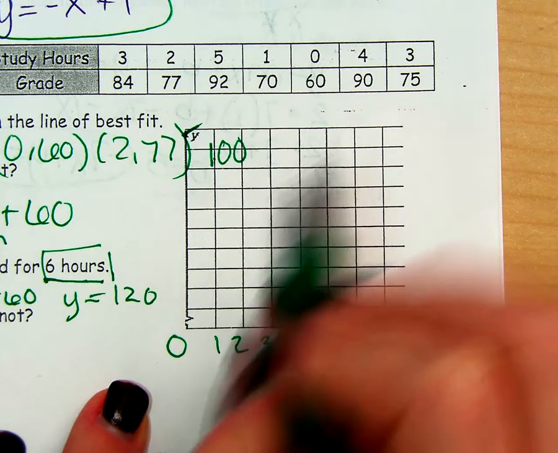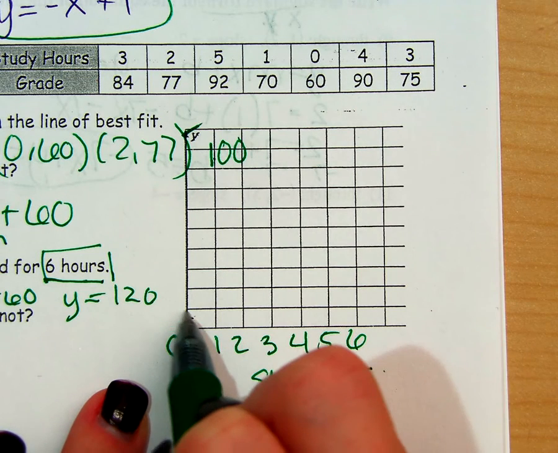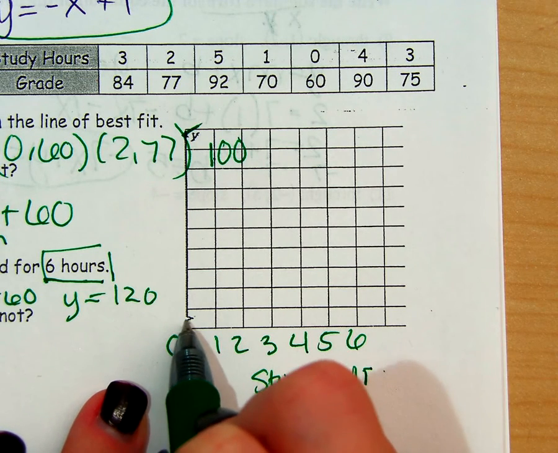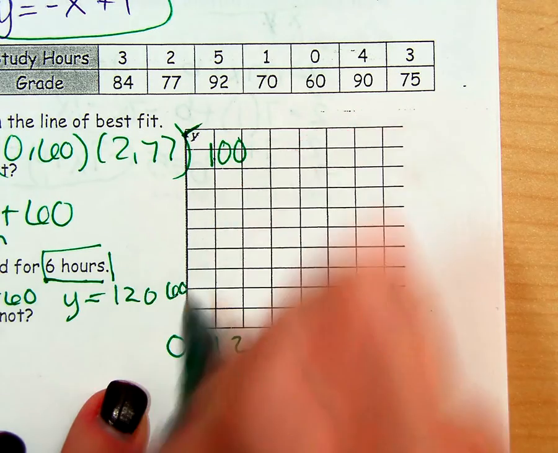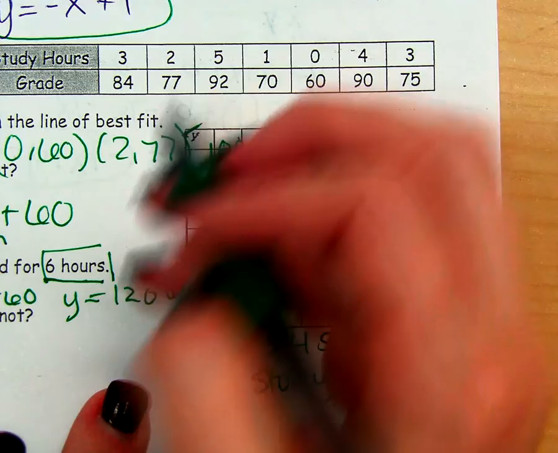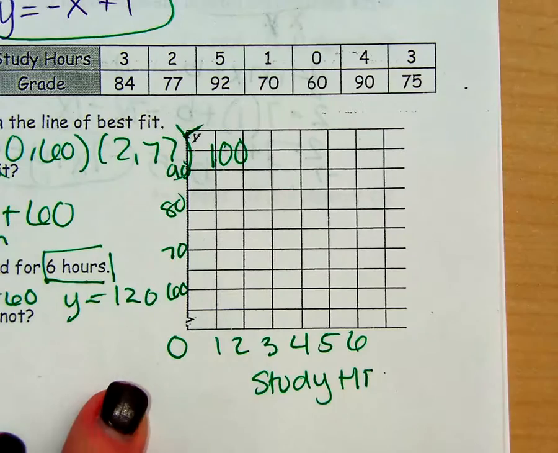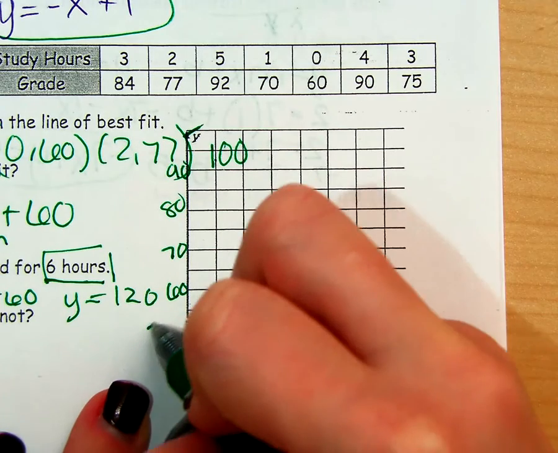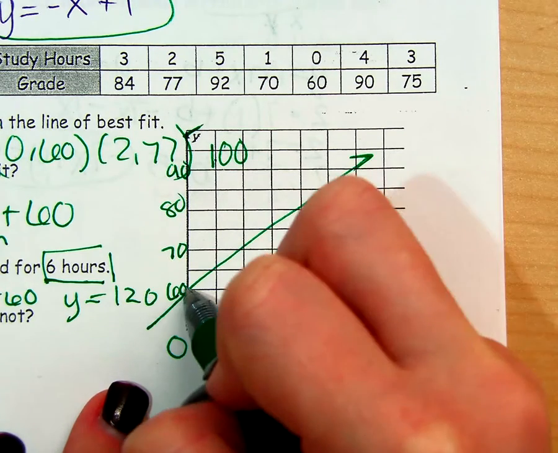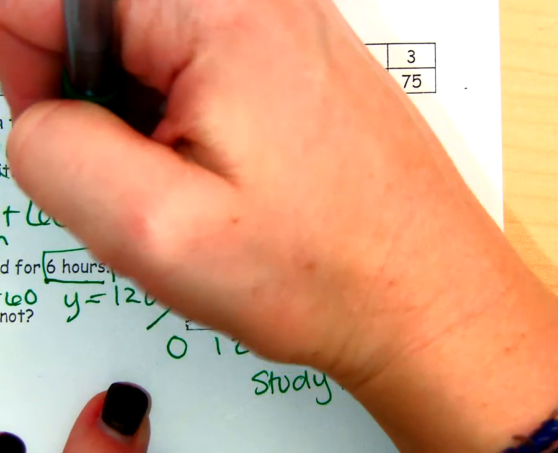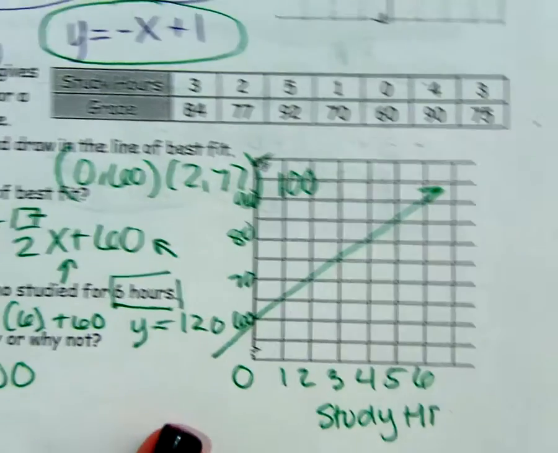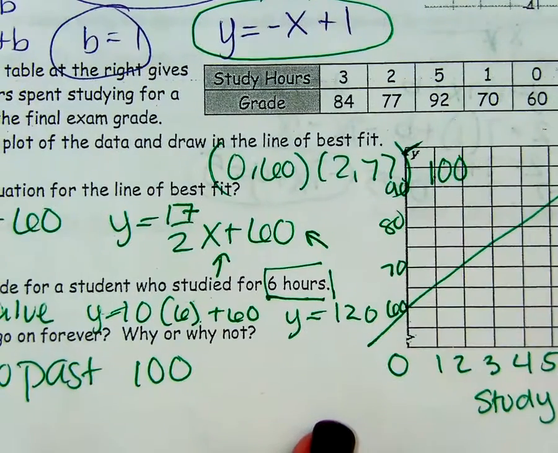But now this is going to tell me that I can skip a space. So I'm going to skip and I'm going to say, this is 60 right here. I'm going to say this is 70, 80, 90, 100. And when I draw my best fit line, it's going to go about through 60. So that's where I got my y-intercept as 60.